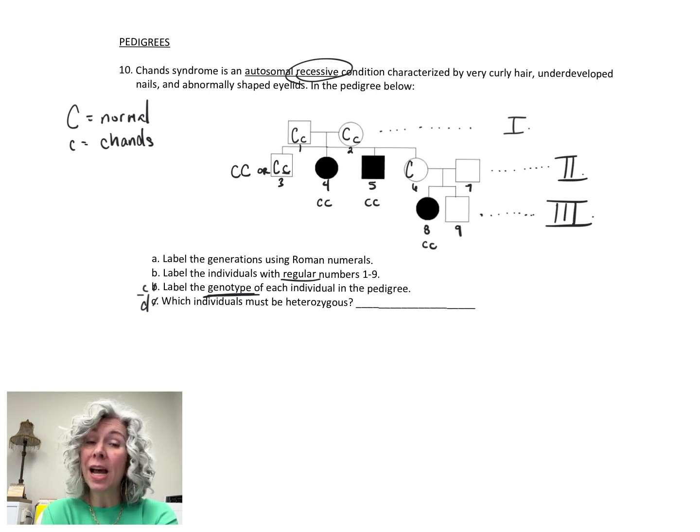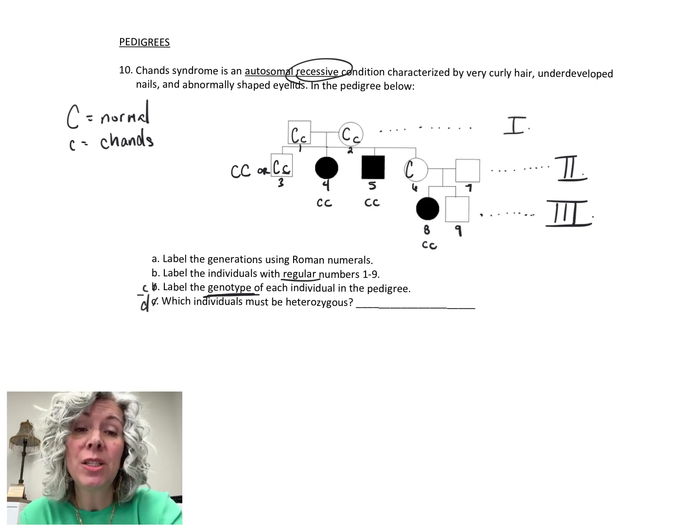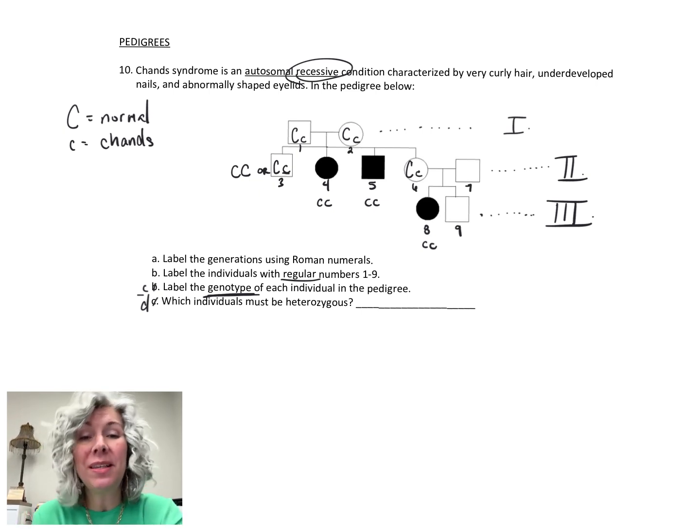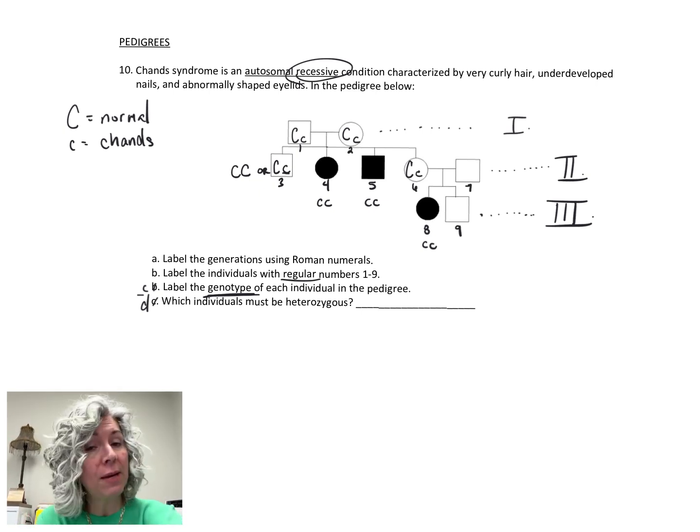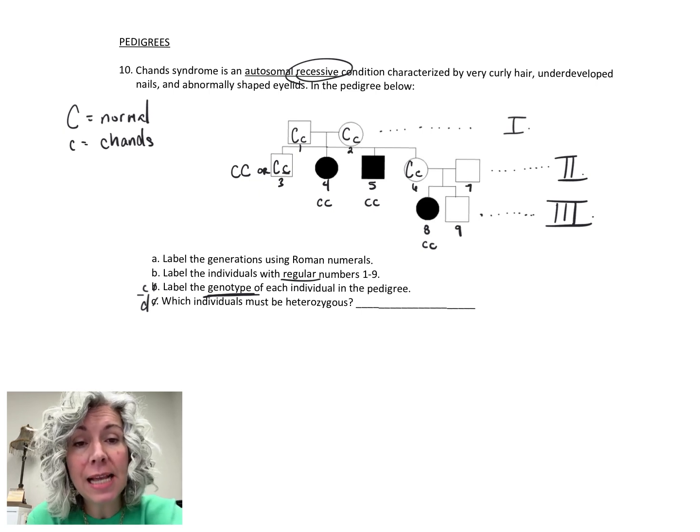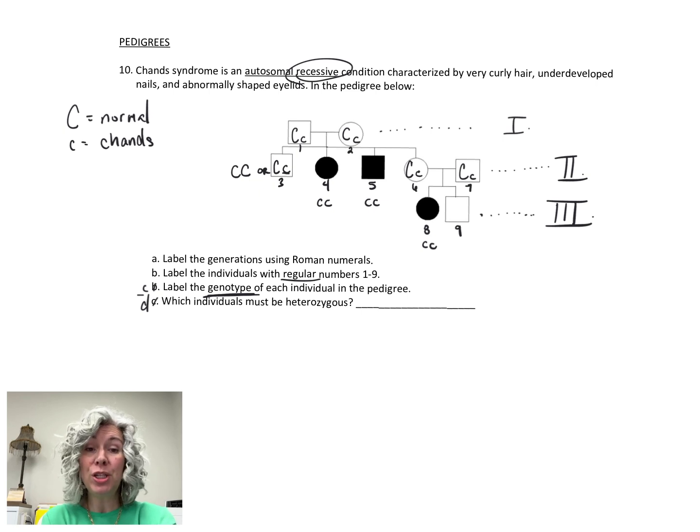So if they had a child with Chans, then that means number 6 has to be a what? Kind of like the parents, has to be a carrier. So number 6 has to be big C, little c. Same way with number 7. It has to be big C, little c. Because number 8 got the 2 little c's.